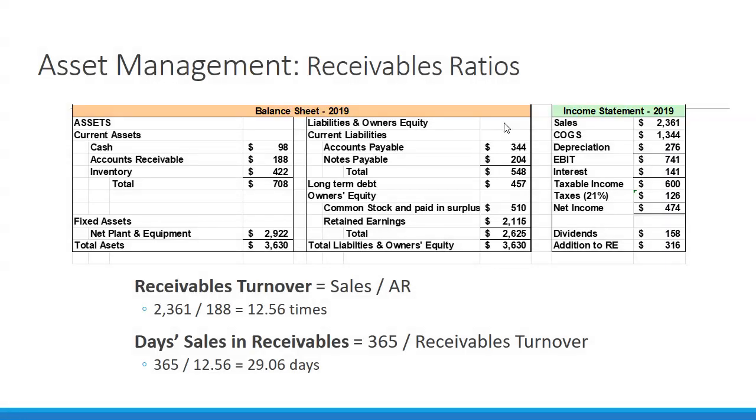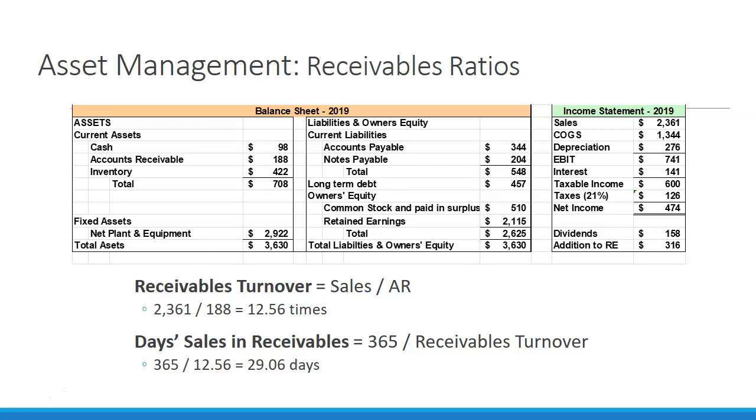The next asset management ratio is receivables turnover. So this is credit sales divided by accounts receivable, or how many times do we turn over our accounts receivable into cash every year? So 12.5 times is the number of times this company turns over its accounts receivable.